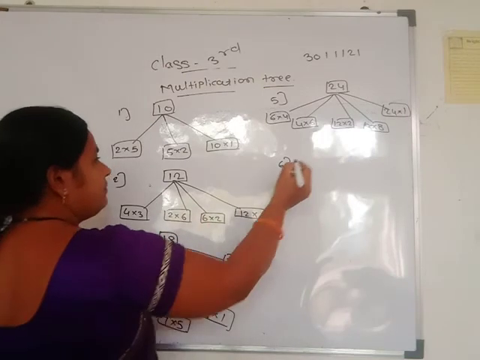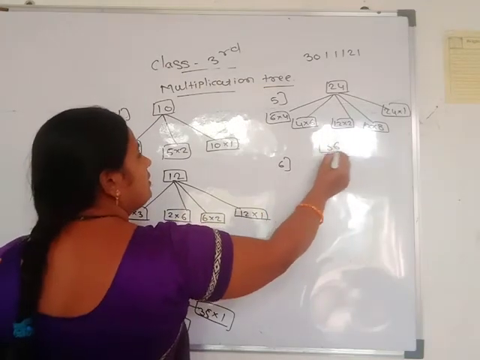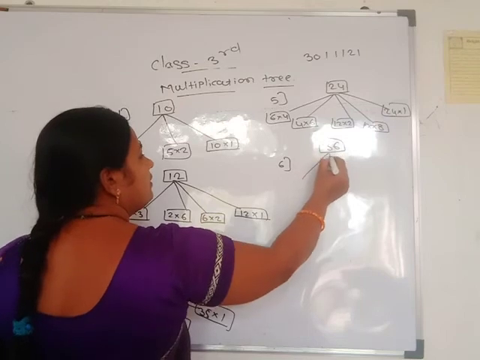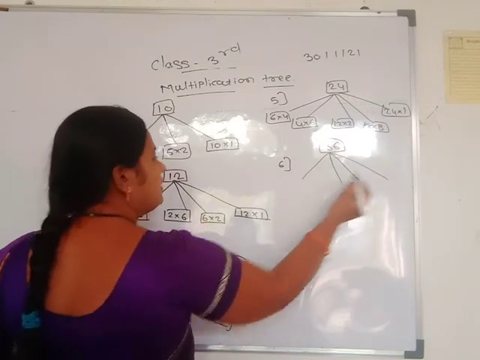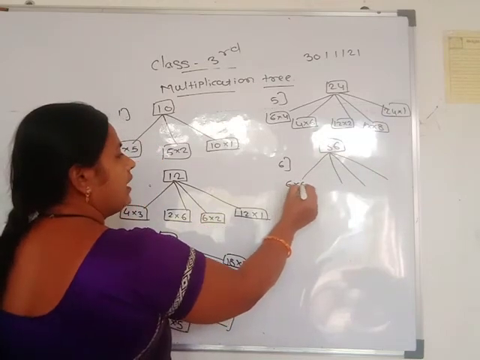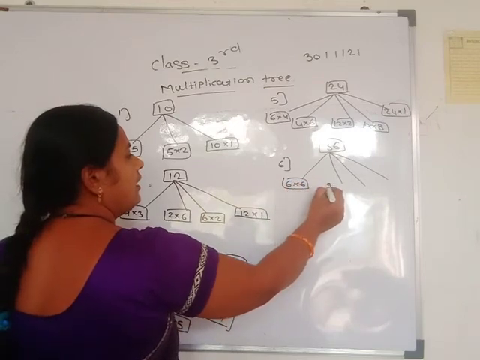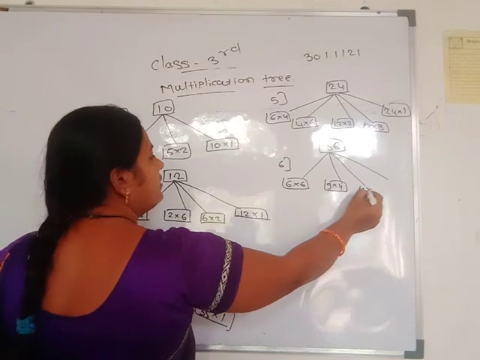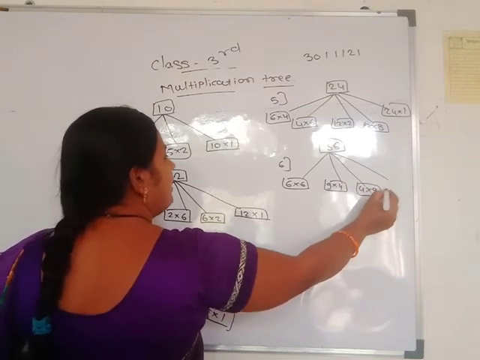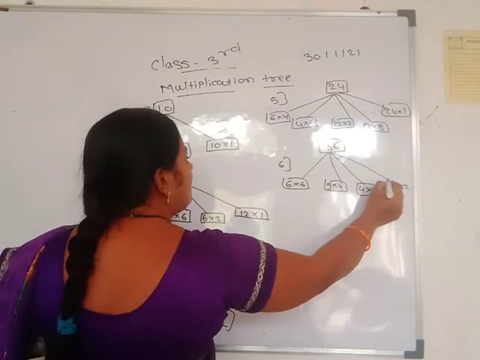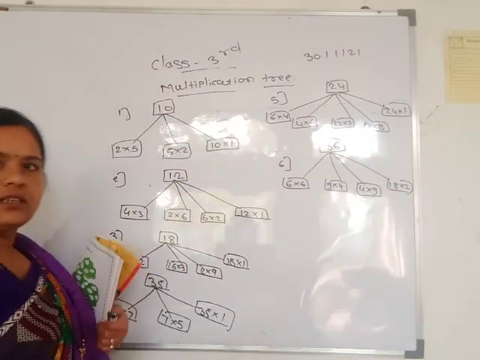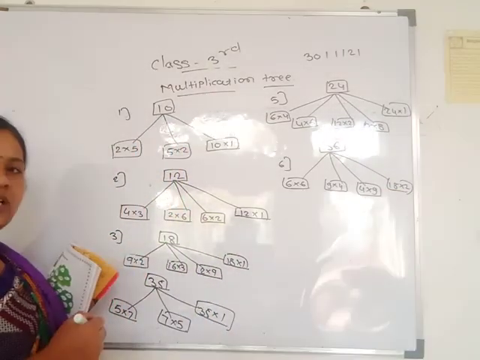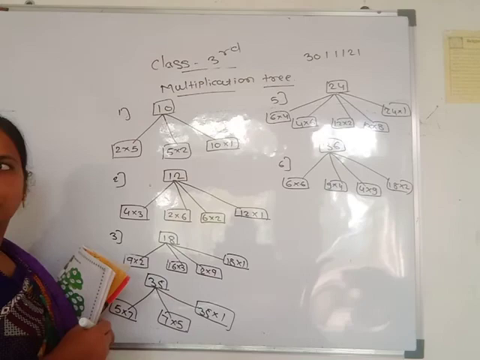Then the number 36. Here you write 6 sixes are 36, 9 fours are 36, then 4 nines are 36, and last one 18 twos are 36. Otherwise you can write the multiplication of this number, 36 ones are 36, also. Okay.